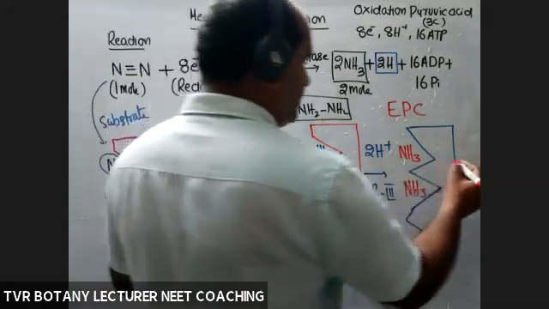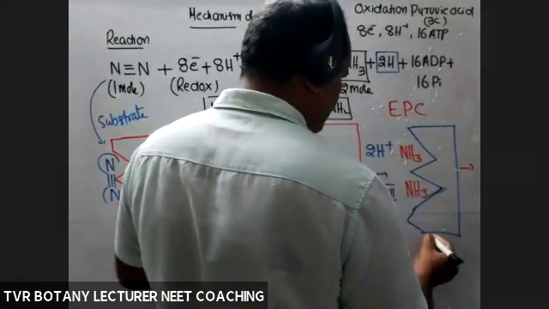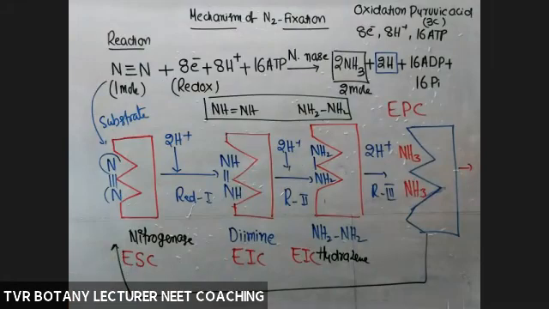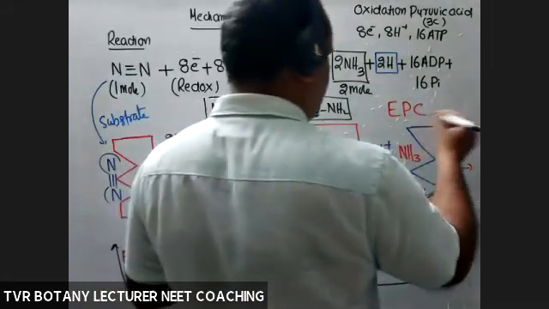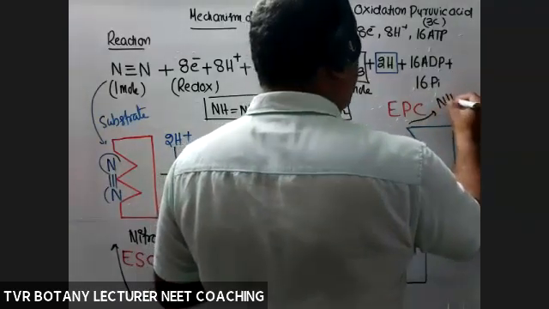Now dissociation of the enzyme. The enzyme goes back to run the reaction again and again, and the ammonia is released: dissociation of ammonia, NH3.